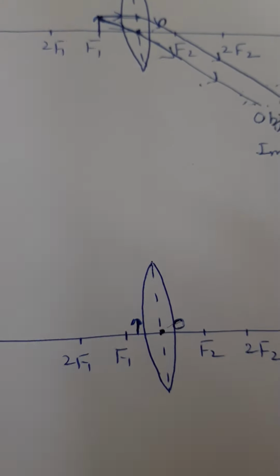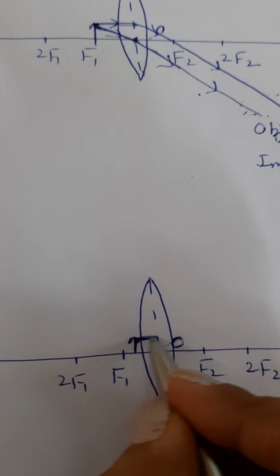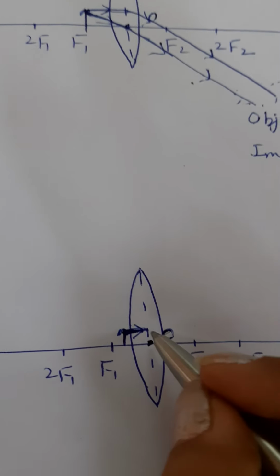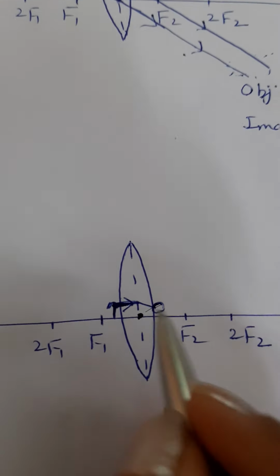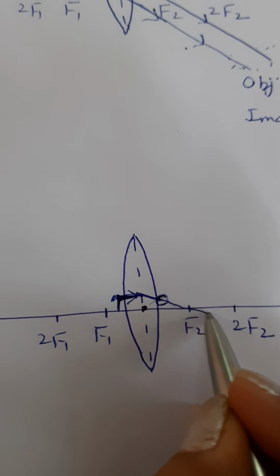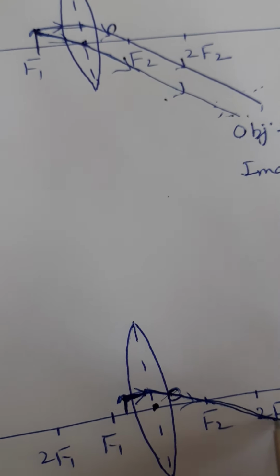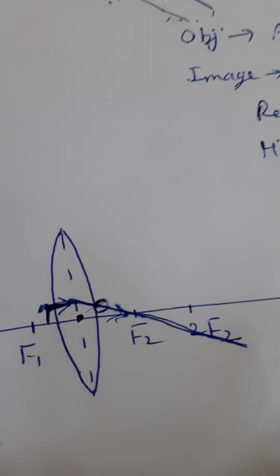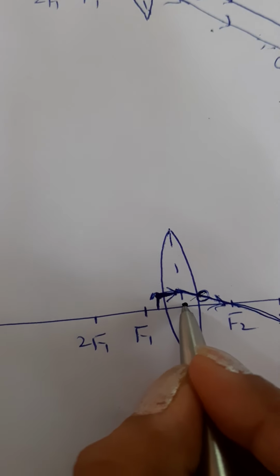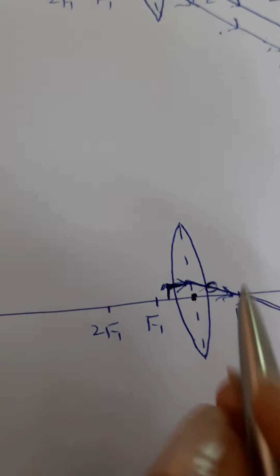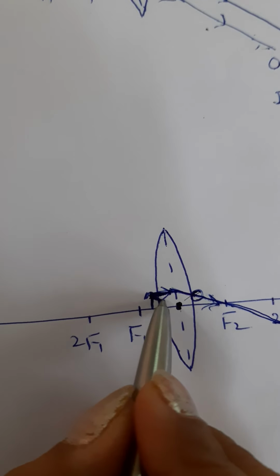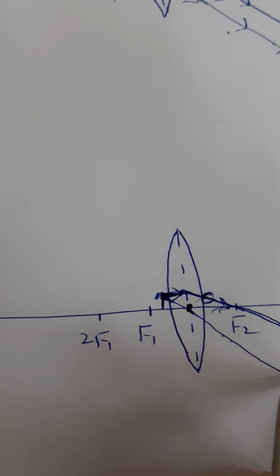Okay, the first rule is the same. The incident ray, this one, will pass through F2 like this. Now the second one: a ray which is coming along the optical center will remain undeviated like this.